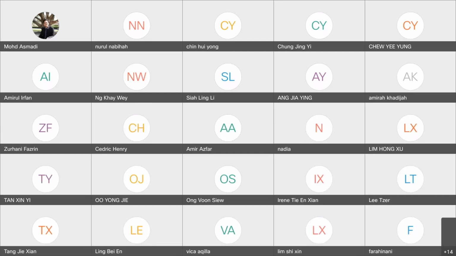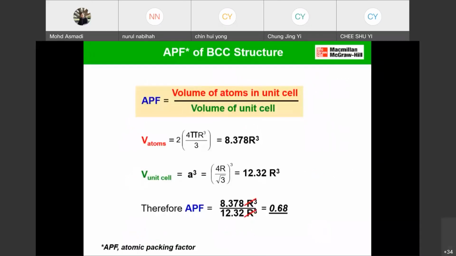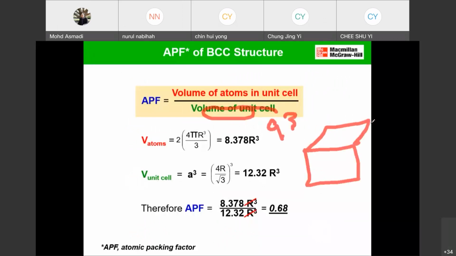Okay, so let's see the atomic packing factor. If you look at here, the volume of atoms in the unit cell divided by the volume of the unit cell. The volume of the unit cell is A cubed, which is (4R divided by square root 3) cubed. And this one is equal to 2 atoms times the volume of the sphere, so we get 8.378 R cubed over 12.